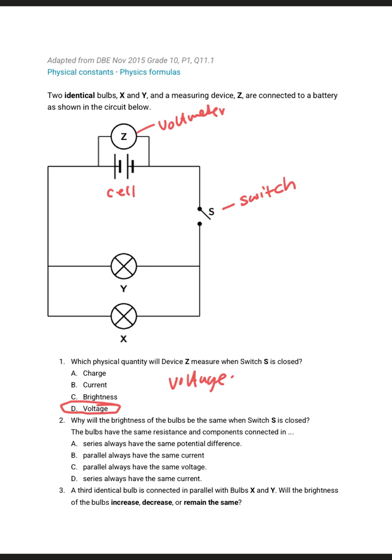The reason why the brightness of the bulbs is the same is because the bulbs are in parallel, right? So because the bulbs are in parallel, they have the same voltage.